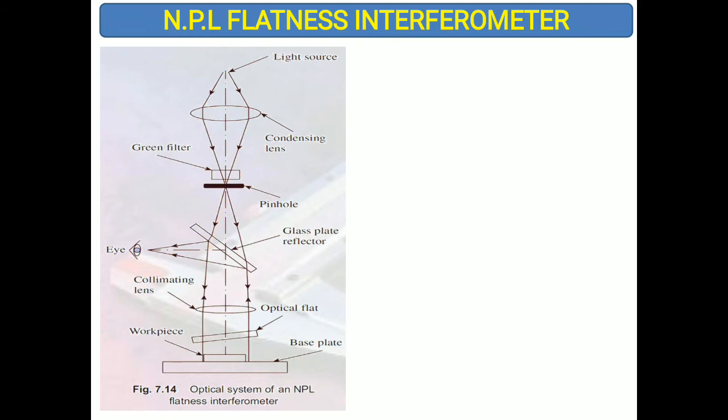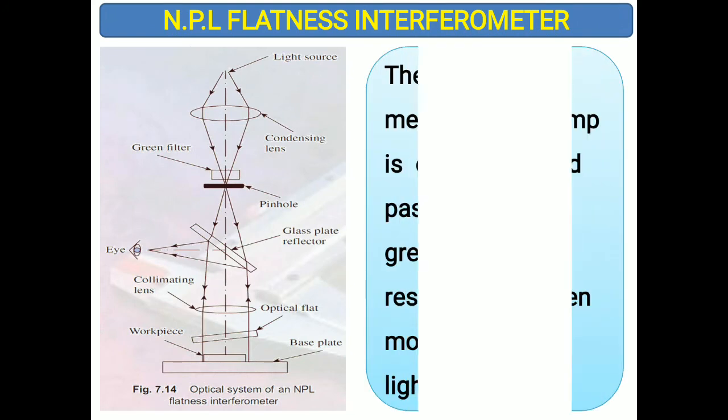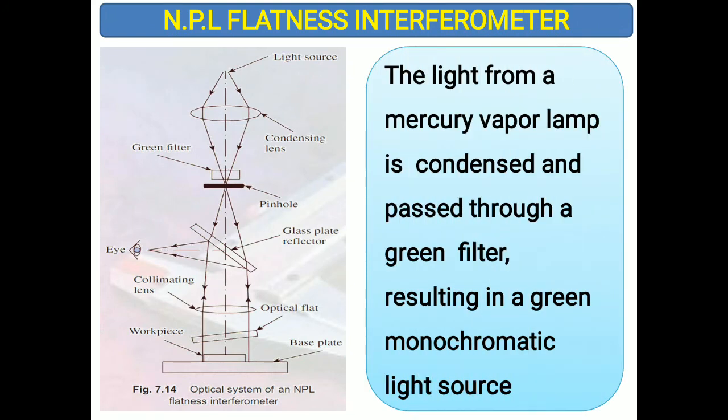Light rays from the mercury vapor lamp are condensed and passed through the green filter. So light rays from the light source will pass through the condensing lens and green filter, resulting in a green monochromatic light source.